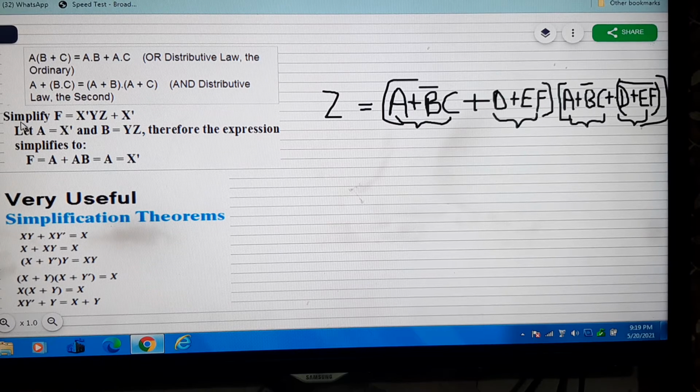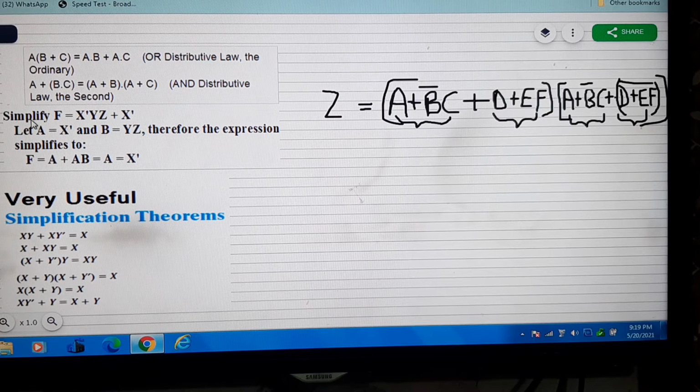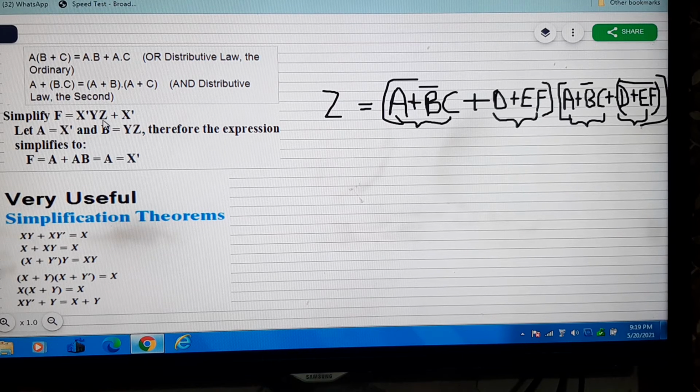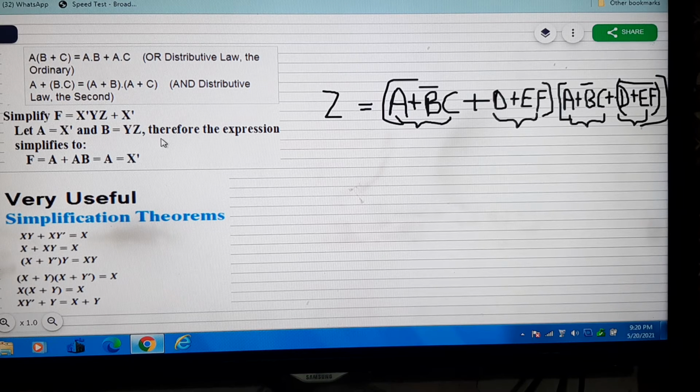Now, if we are asked to simplify a Boolean expression f equals x prime yz plus x prime, we can assume a is equal to x bar, and yz to be equal to b. In this way, the expression can be easily simplified.